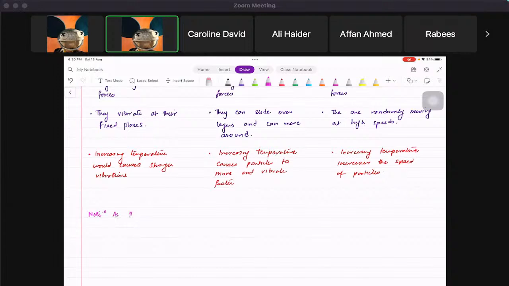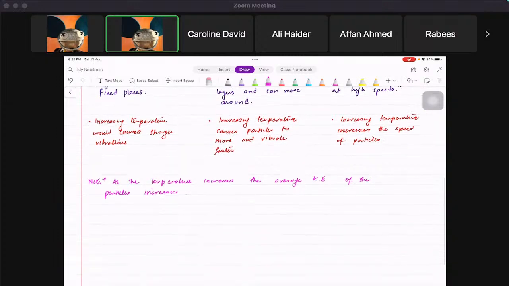As the temperature increases, the average kinetic energy, which is also related to the speed of the particles, increases. Okay.